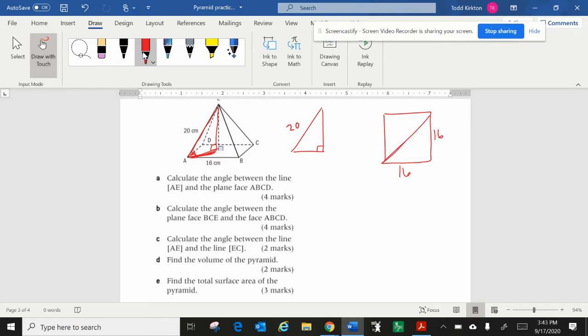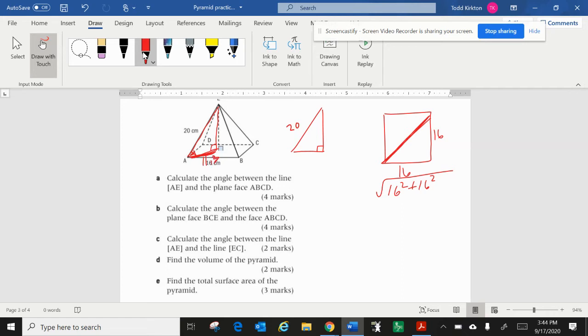And so I can find all the way across and then use half of that for my triangle. All the way across is 16 squared plus 16 squared. I can take that and divide it by 2, and I'll get that bottom piece. Okay, so when I divide that by 2, take square root, I get 11.3.